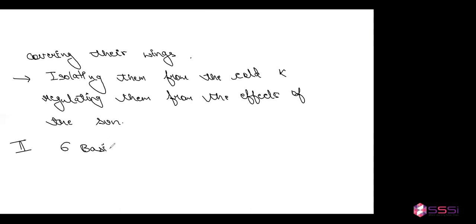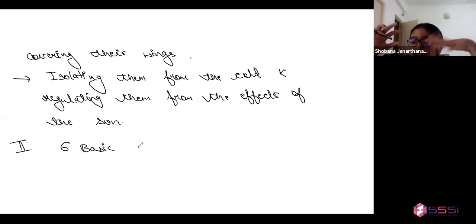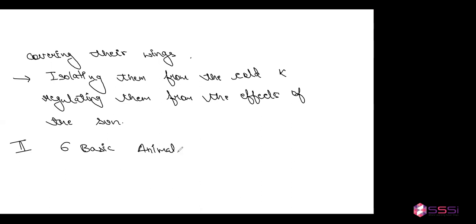In the various classes I'll inform you what animals come under each category. Okay, you tell me the classes and where they belong, higher or lower. Yes, six basic animal classes.